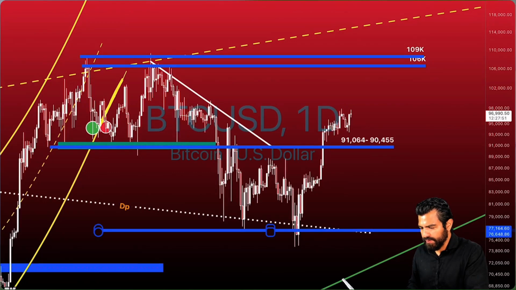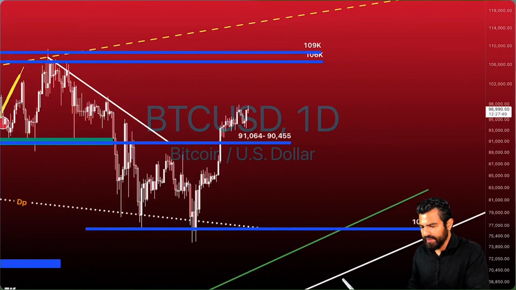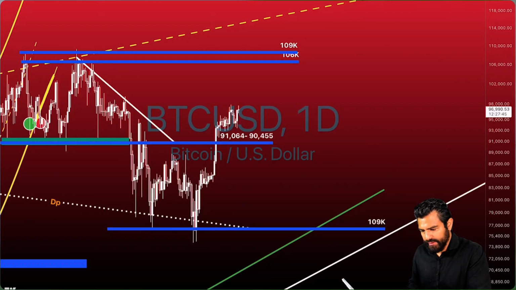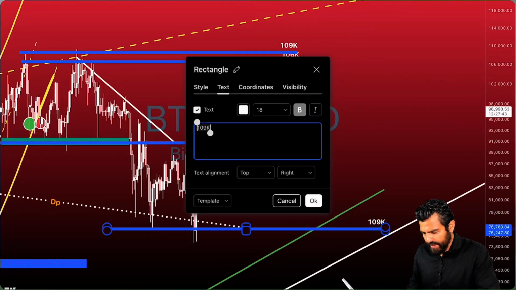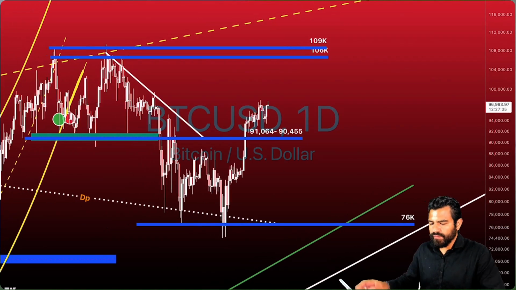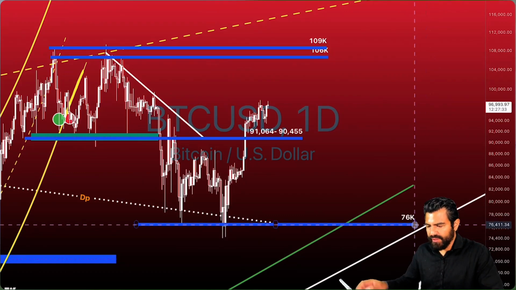And this is the area we found based on our measurements. And the lower side was, let's get that, 76,000. So about 76, 75K, somewhere around there. So currently Bitcoin's map will look something like that.